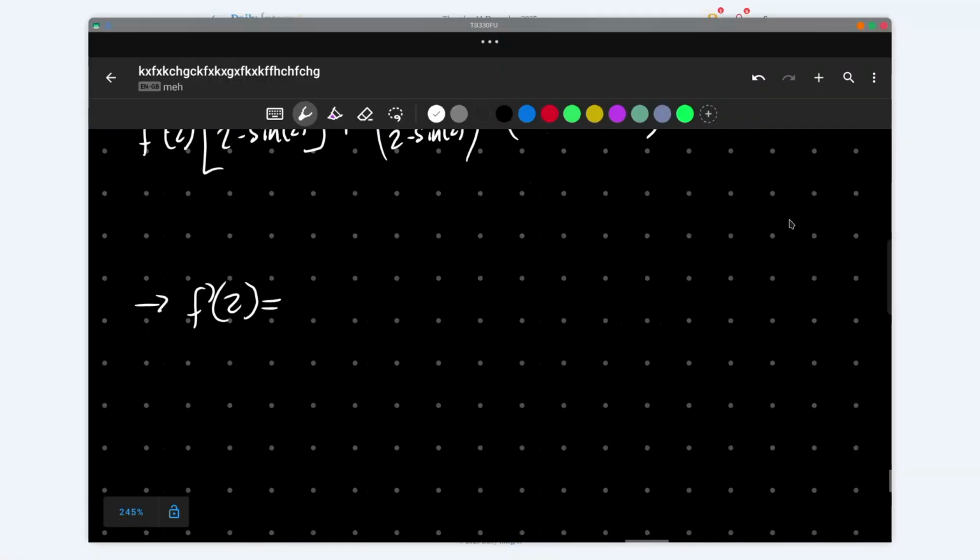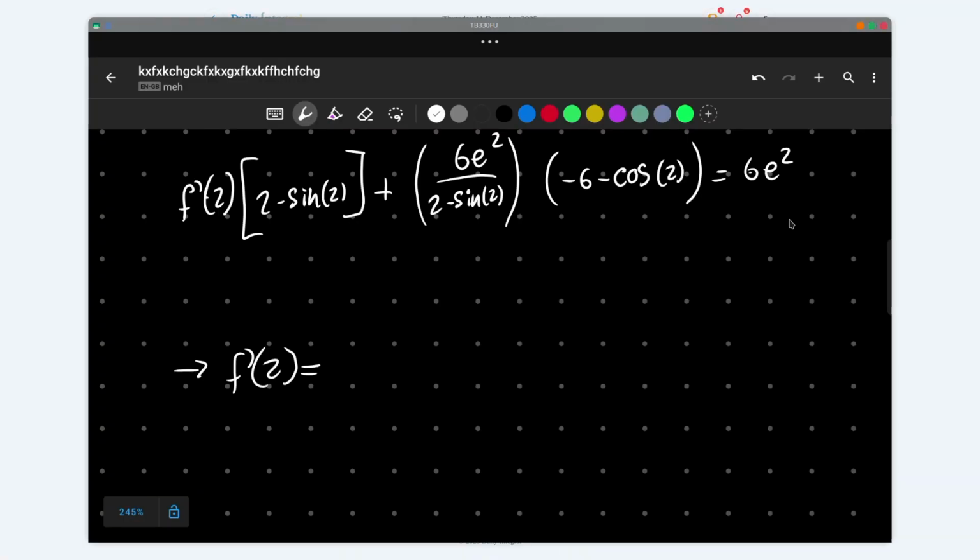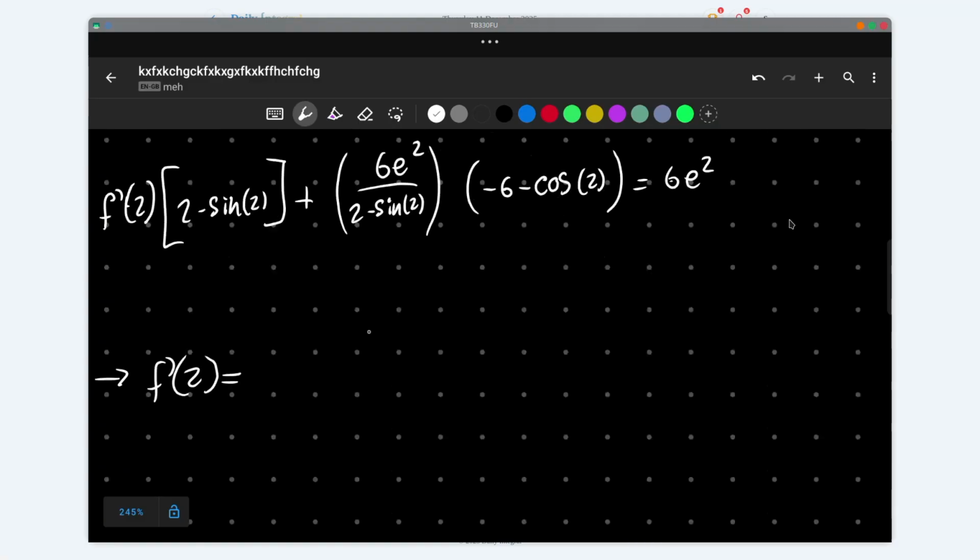I'm just going to put that on a calculator because ain't nobody got time for that. Negative positive, 2 minus sine of 2 on the bottom, and then on the top you can have 6e to the 2. This is just a lot of factorizing.